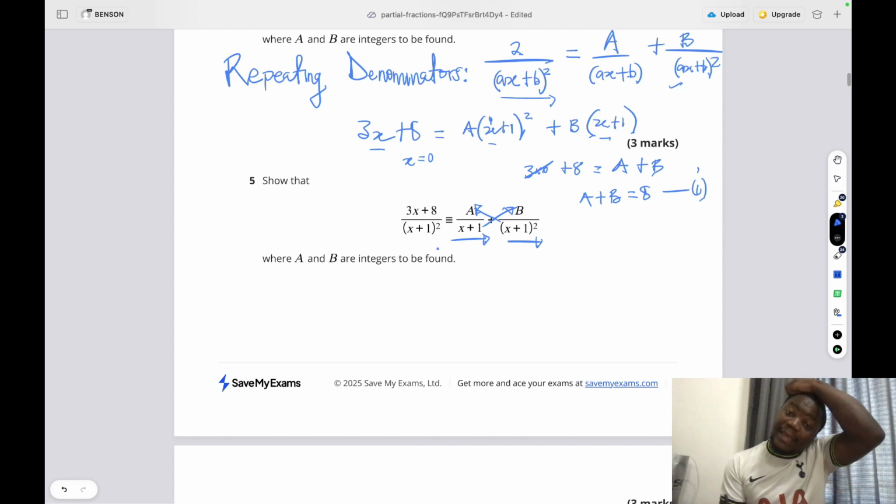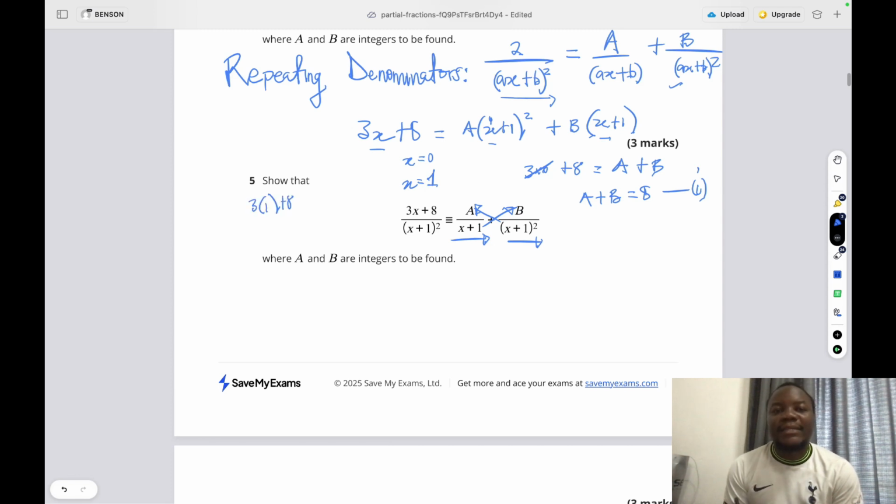Then I'm going to say let x be equal to 1. When x is equal to 1, it's going to be 3 times 1 plus 8 being equal to, if I put 1 here, 1 plus 1 is 2, squared is 4, so it's going to be 4A plus, if I put 1 here, 1 plus 1 is 2, times B, 2B.